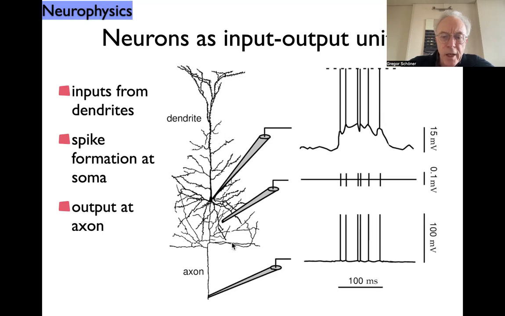So these are incoming connections, and then there will be some outgoing connections. It's a forward structure in the sense that input comes on the dendritic side in the form of synaptic transmission, and then spikes form at the soma and travel down the axon, and these spikes then generate postsynaptic potentials on the target neurons.